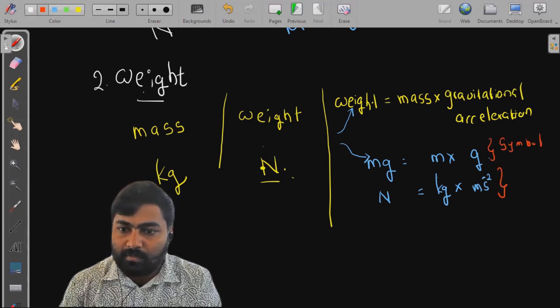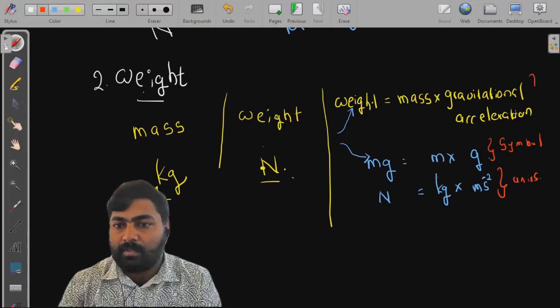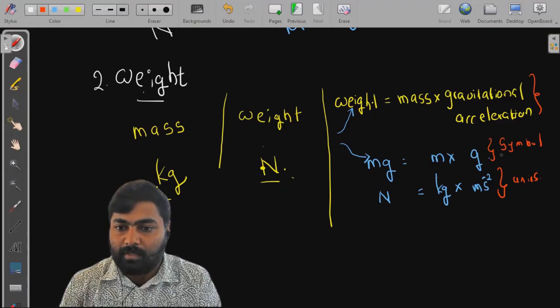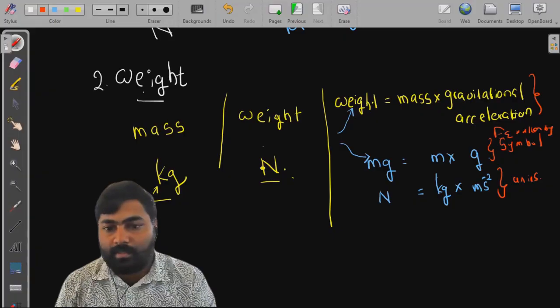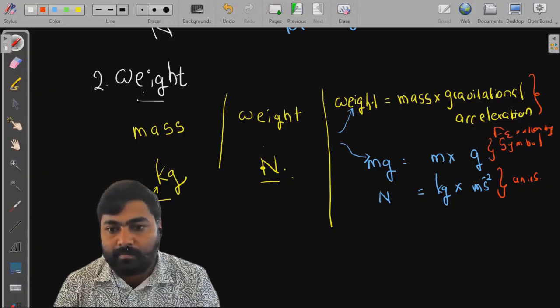These are the units. This is the word equation, so I can write the equation by symbol. This is the equation by word. Clear or not? Up to here.